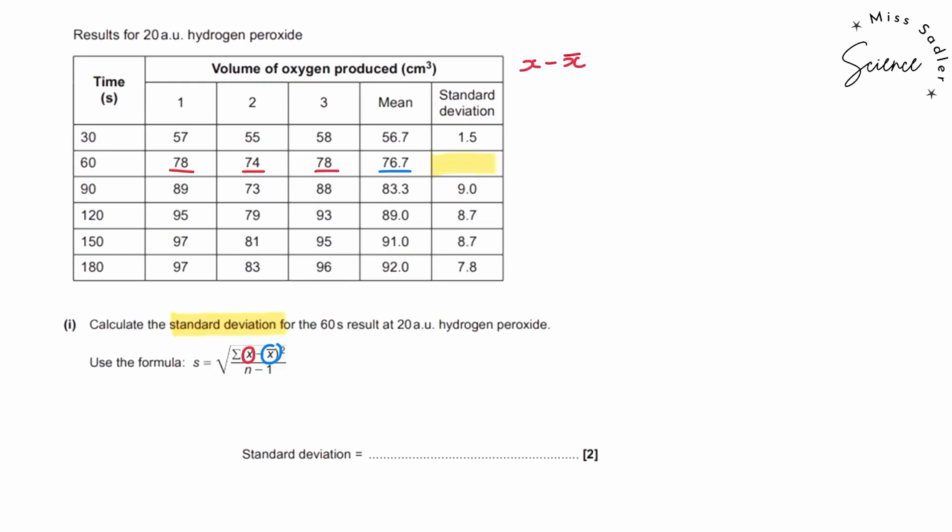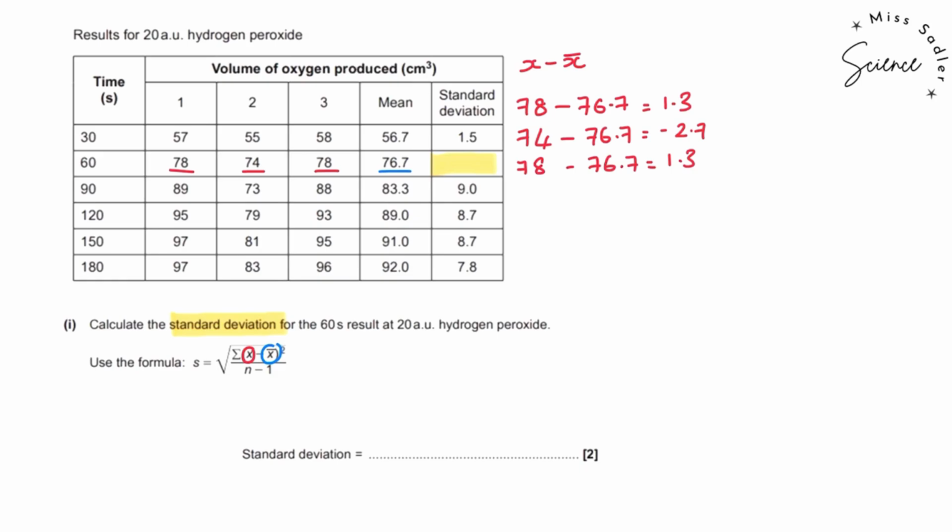So here we've got 78 minus 76.7 equals 1.3. Got 74 minus 76.7, and that equals minus 2.7. And then got again 78 minus 76.7 equals 1.3.